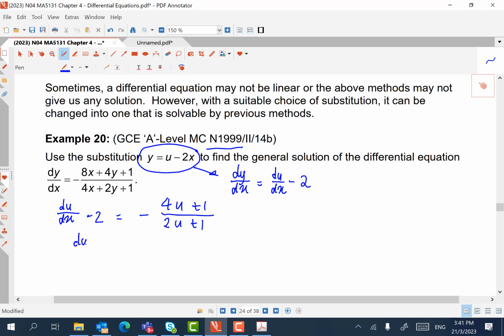And then you tidy things up a little bit. Check my arithmetic, I could be wrong. You follow now? You get the same last line as mine? Okay, brilliant.